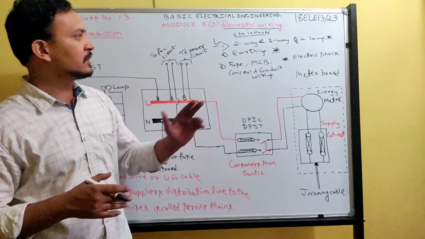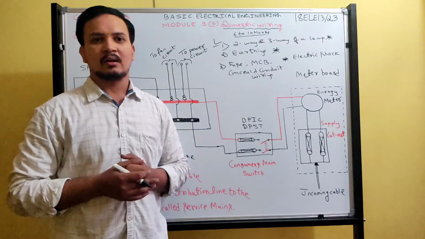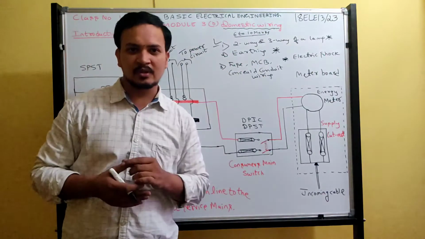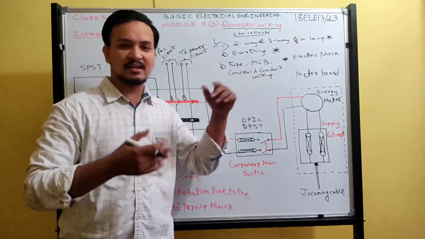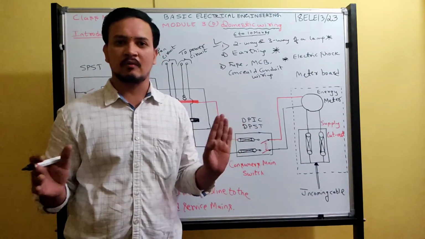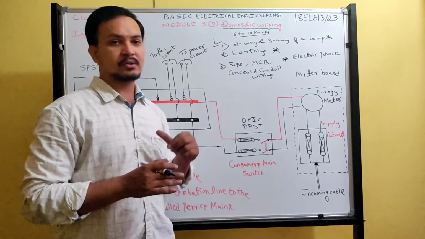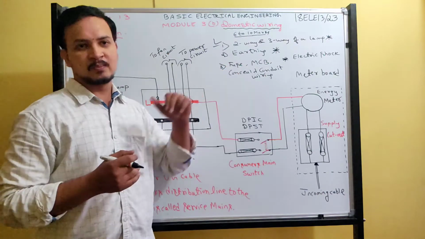The question will be: write short notes on fuse and MCB. At least you must write, first point: fuse is a protective device, and MCB is also a protective device. Other points: how it operates, which material is used. This you can study at the last minute.